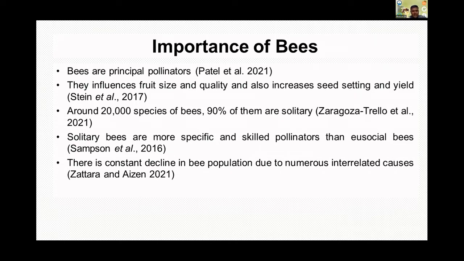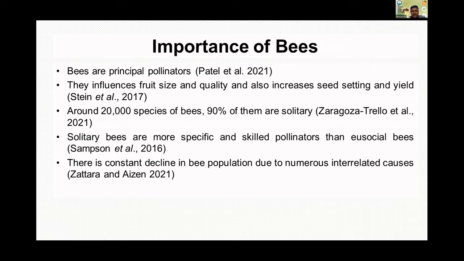These bees not only influence fruit size and quality, but also improve the seed set and yield of different crops. Around the world, 20,000 bee species have been reported, and 90% of these are solitary bees.